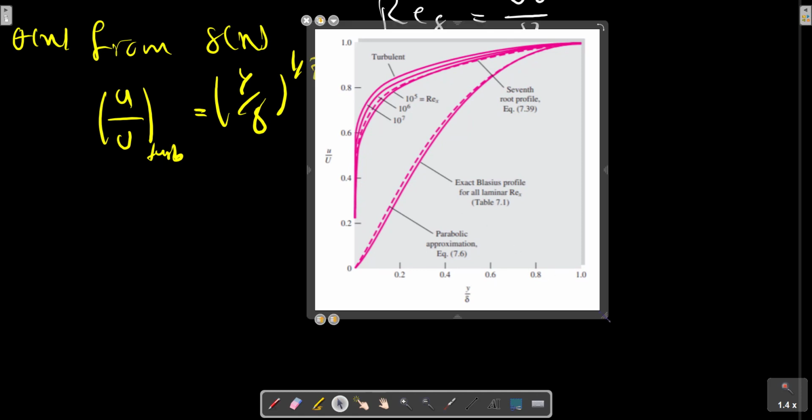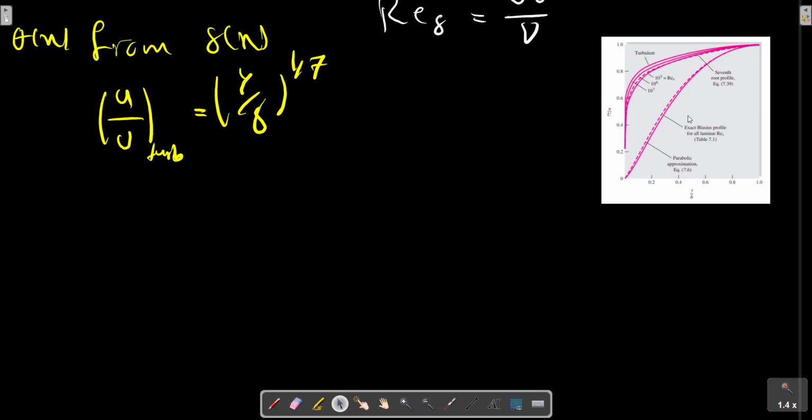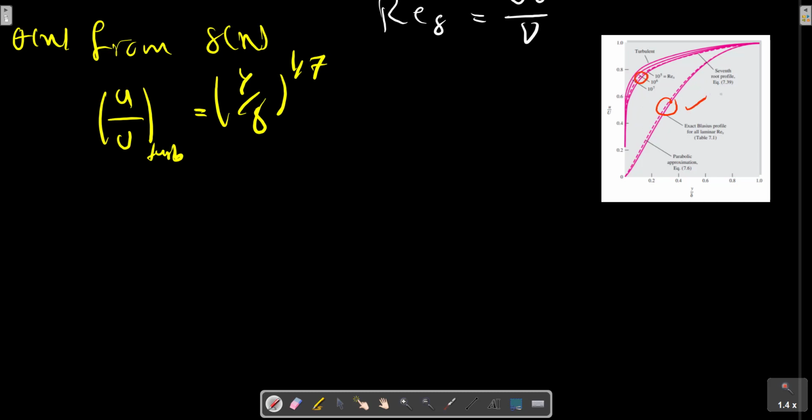This is shown as a dashed line in this picture. The dashed line is the 1/7 law of the velocity profile, and in fact this is the function that shows this dashed line here for turbulent, and for laminar we can have another expression.